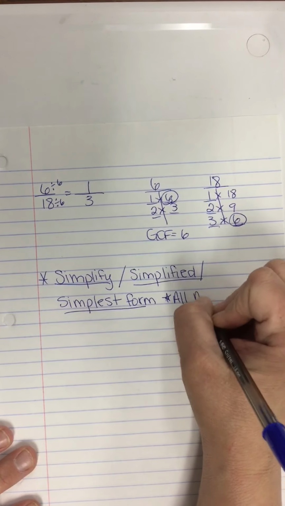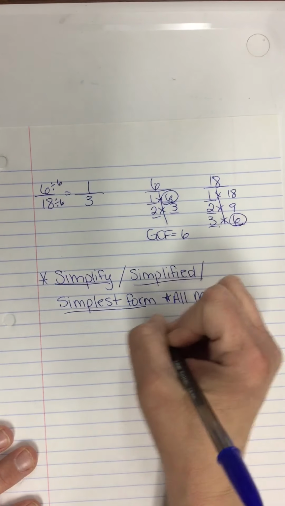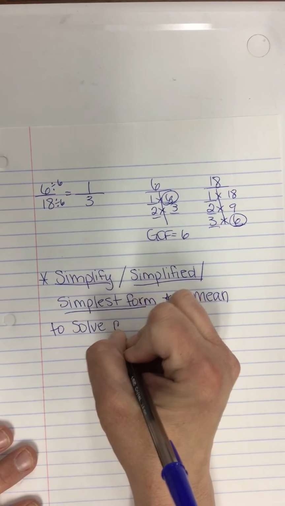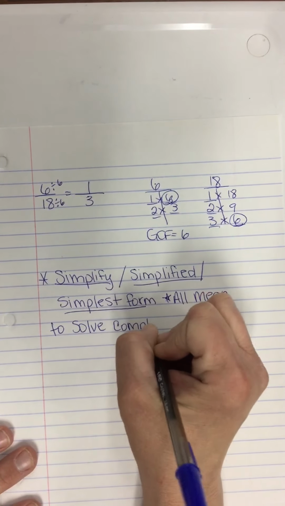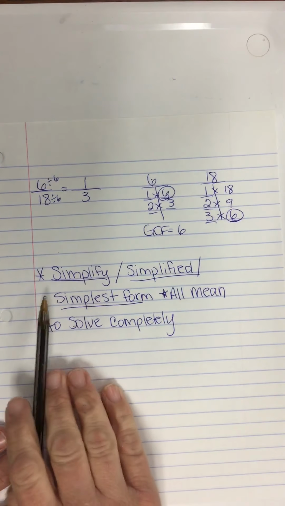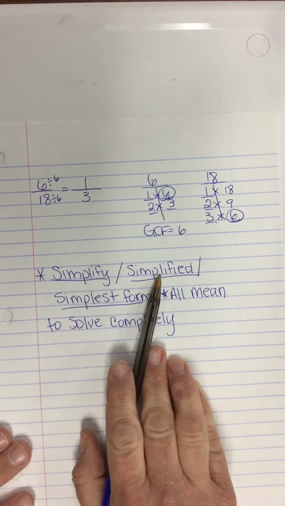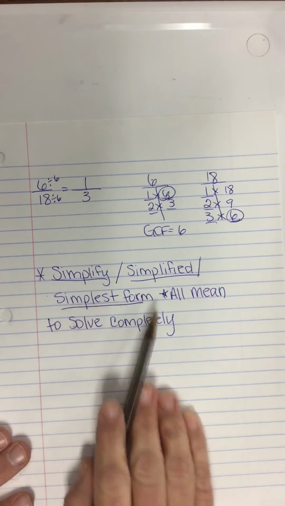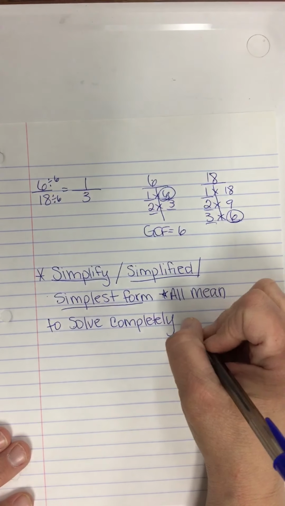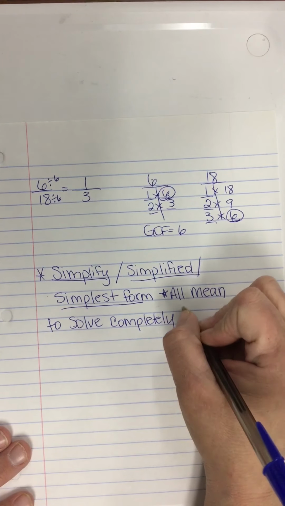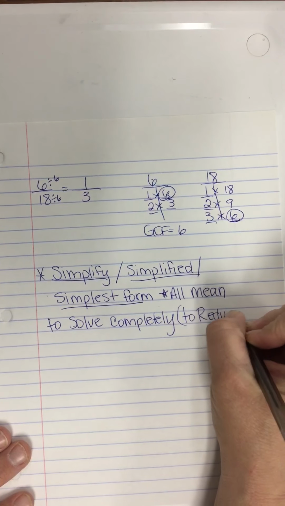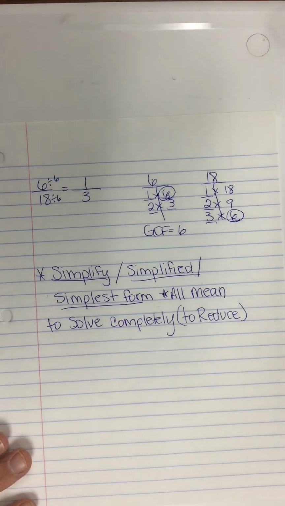They all mean to solve completely. And yes, you need to write this in your journal. Okay, simplify, simplified, simplest form. No matter how it's written, all of it means for you to solve completely. So that means to reduce when we're talking about fractions.